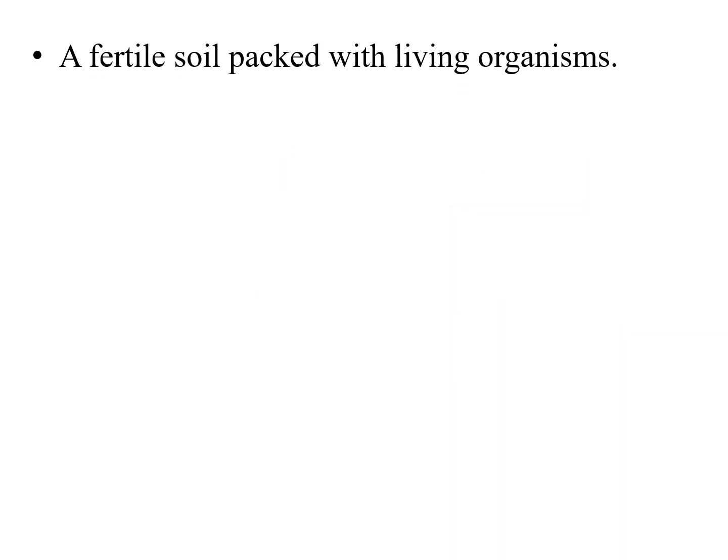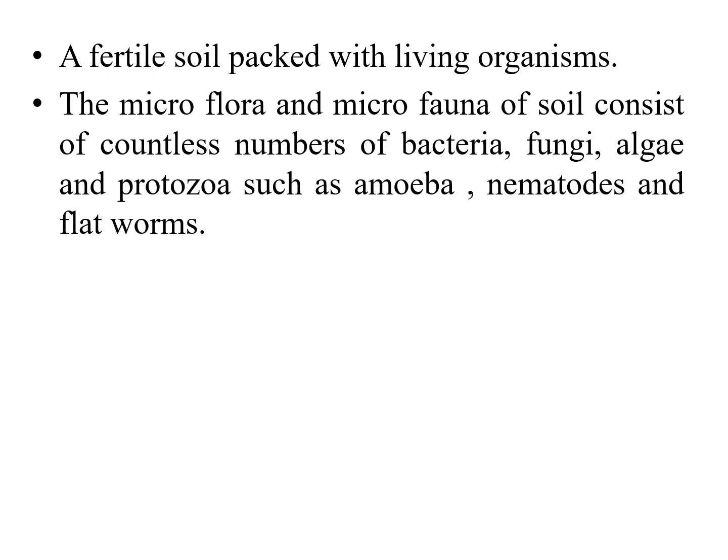A fertile soil is packed with living organisms. So what is this fertile soil? Fertile soil is nothing but soil which has living organisms in it. What are the living organisms, you may ask. Living organisms are microflora and microfauna, and soil consists of countless numbers of bacteria, fungi, algae, and protozoa such as amoeba, nematodes, and flatworms.